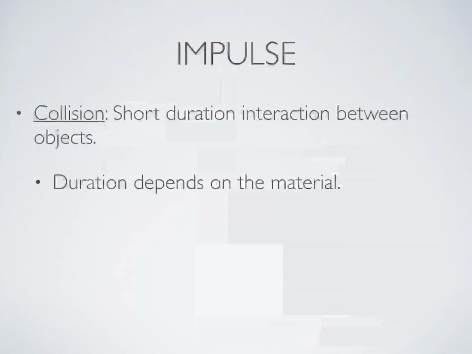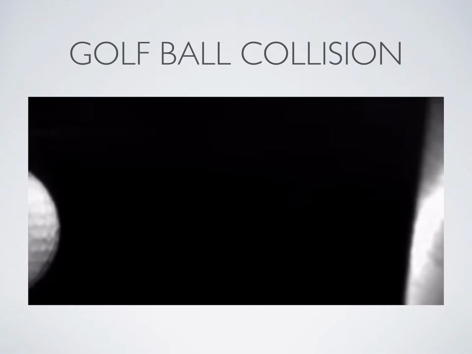What is impulse? Well, impulse talks about a collision between two objects and that short duration of time where those objects are interacting with each other. What I mean by this specifically is how long are those objects in contact with each other when they collide. So let's look at an example with a golf ball.